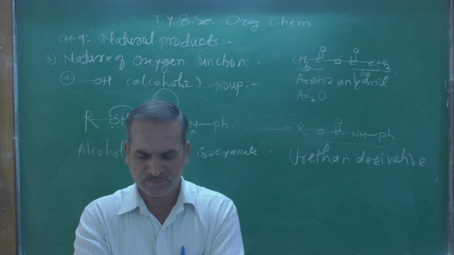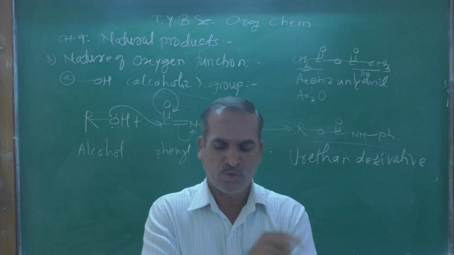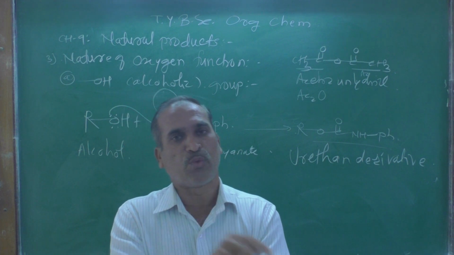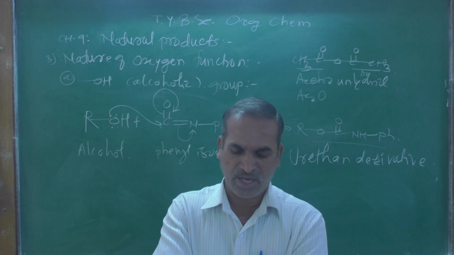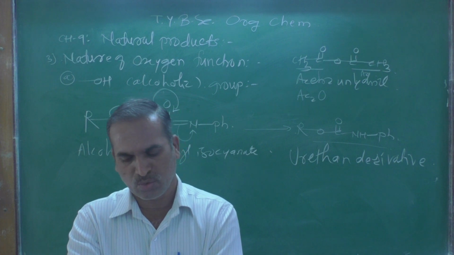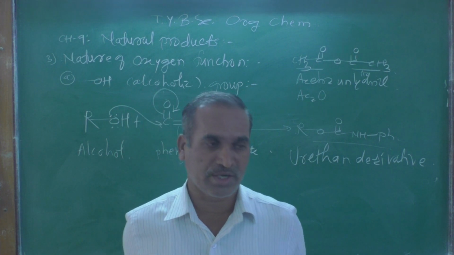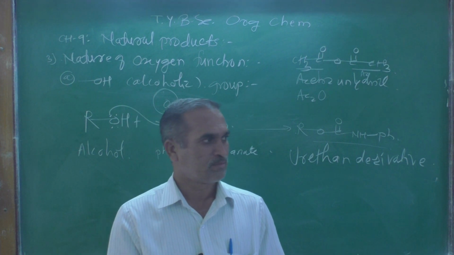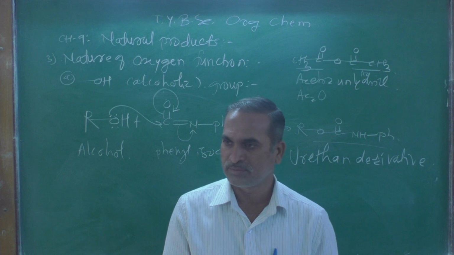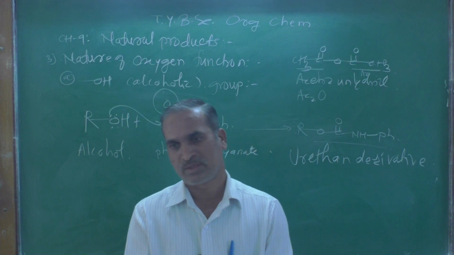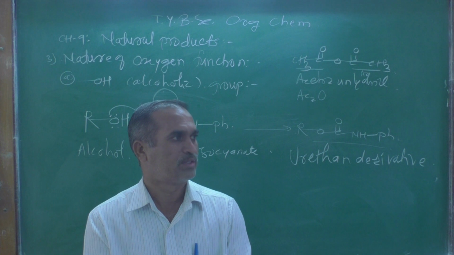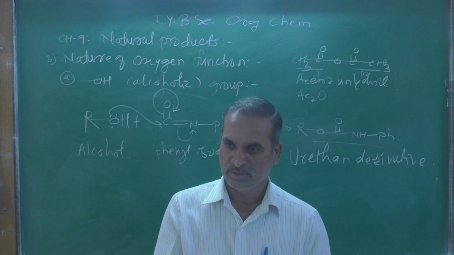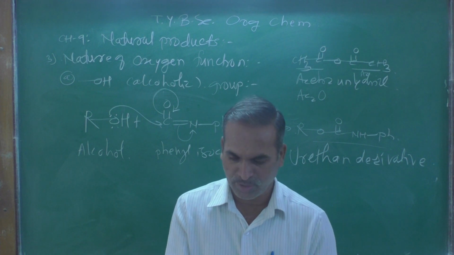Primary alcohols undergo very slow dehydration, whereas secondary and tertiary alcohols undergo faster dehydration. And by studying the product, we can easily find out what type of structure that terpenoid has.